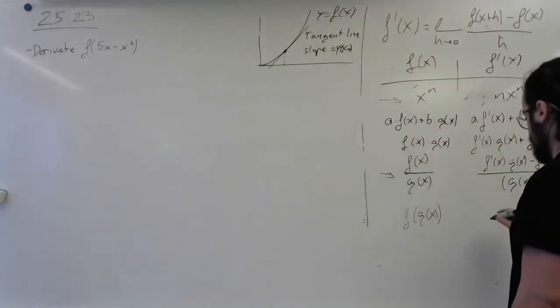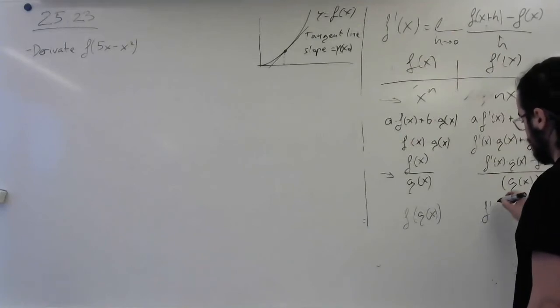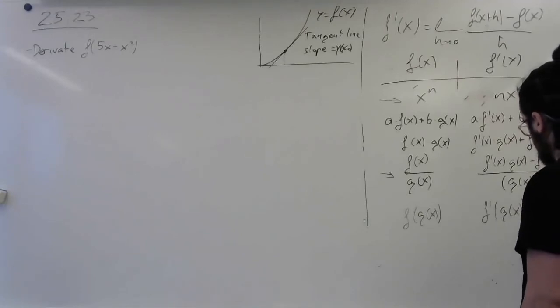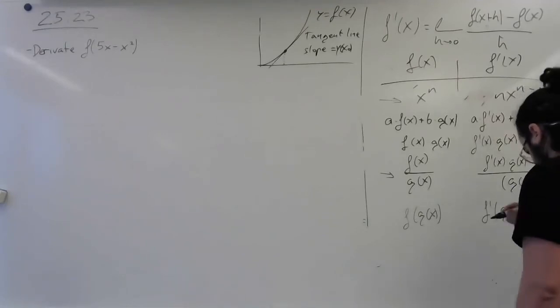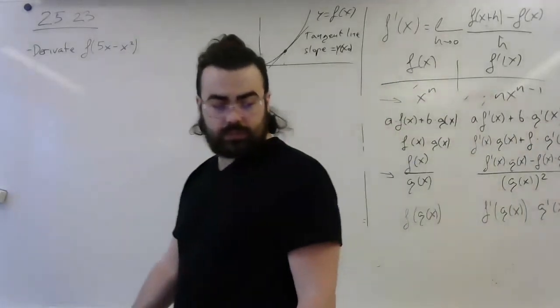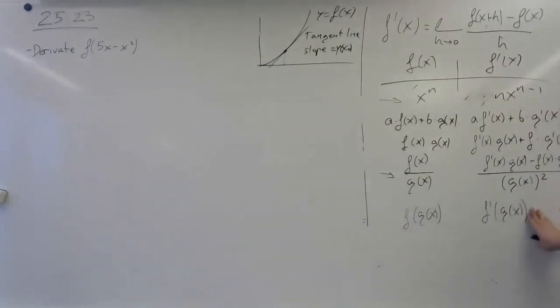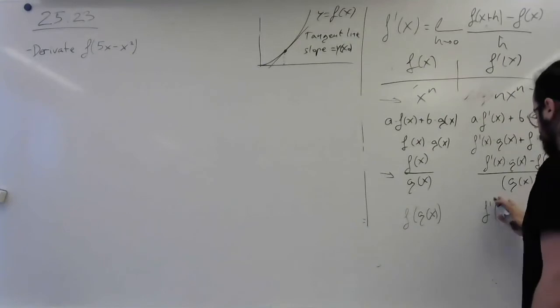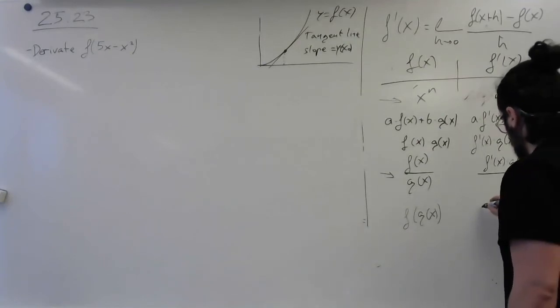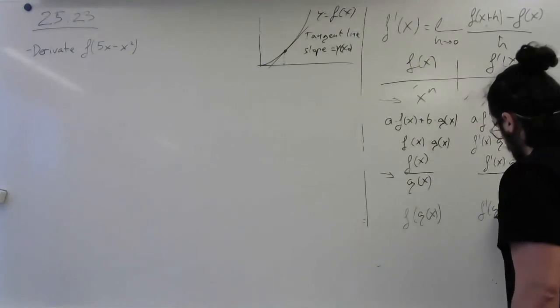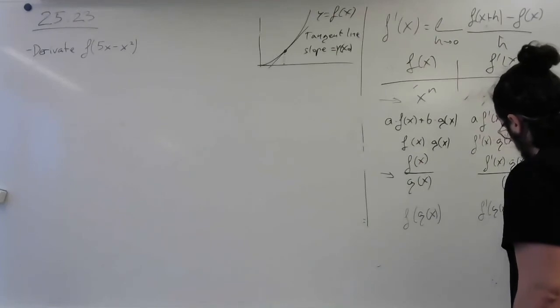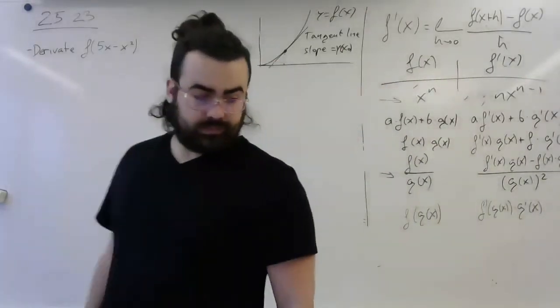The derivative is f prime evaluated in g of x times g prime of x. Doesn't show. There we go.